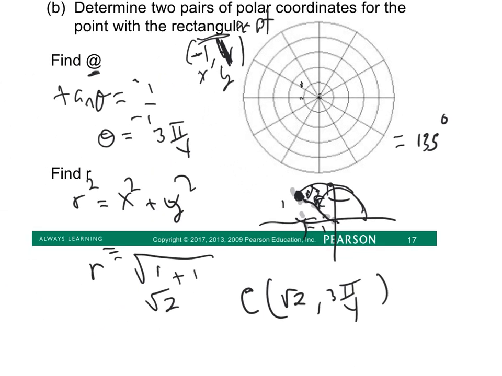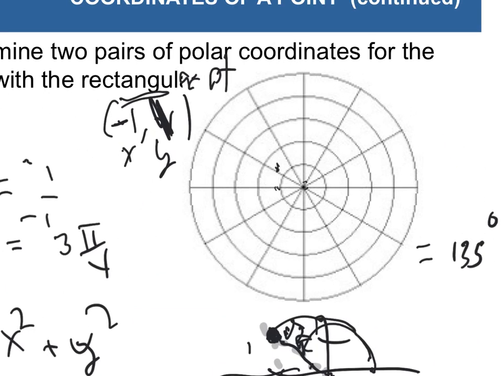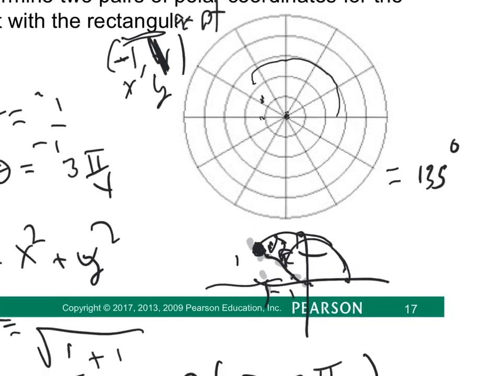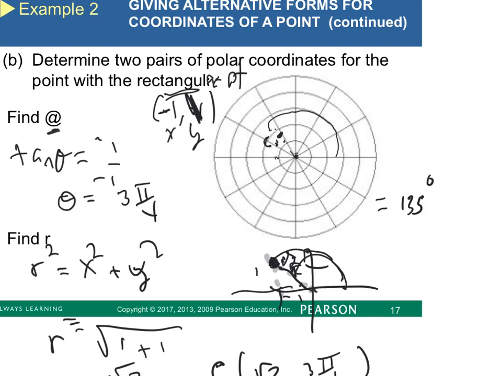That's like a 1.4 distance. So here's 1 pi over 4, 2 pi over 4, 3 pi over 4, and this distance here is, I said 1.4, so 1, 2, it'd be about here, would be my point C in polar.